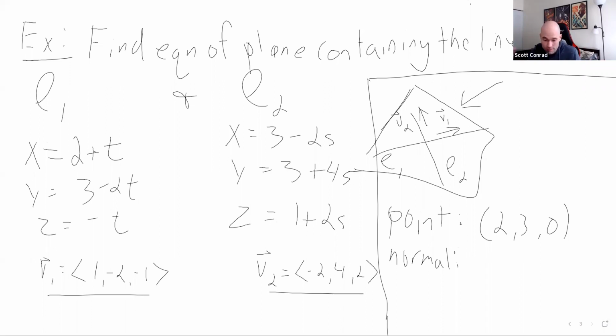Notice V1 and V2 are scalar multiples of each other, right? V2 is -2 times V1. So that means these two guys are going to be parallel vectors. And remember, we said when we take the cross product of two parallel vectors, we get the zero vector.